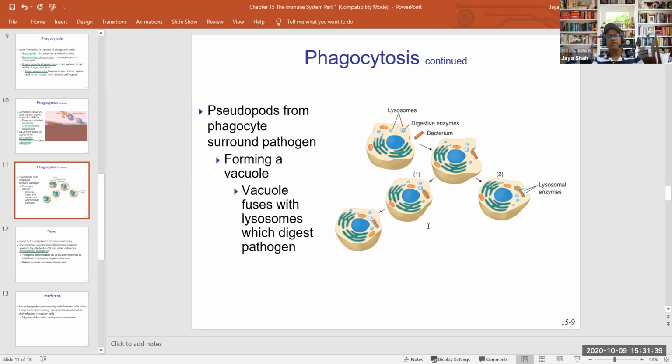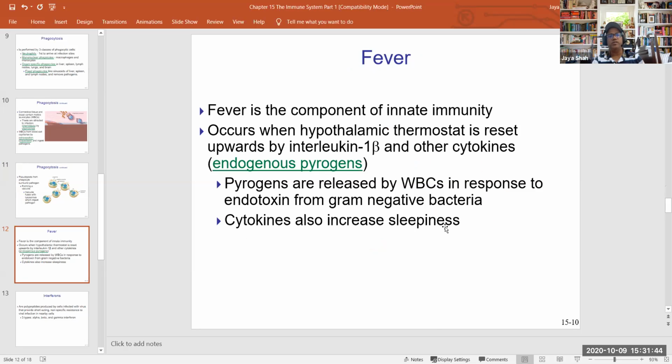At the same time, these white blood cells and other phagocytes produce pyrogens. And those pyrogens then produce fever.